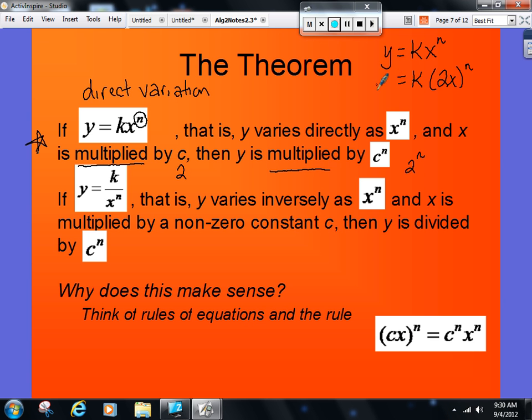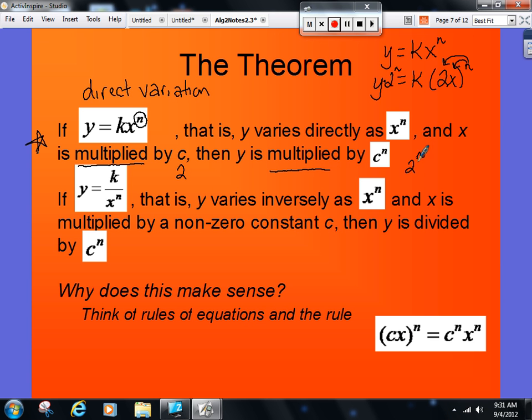This is no longer equal if I put a y there, because this is when it was equal. What did I do? I multiplied this side by something. I did not multiply it just by 2 though. I multiplied it by 2 to the n. So in order to keep these two equations equal, I have to multiply this by 2 to the n to keep them equal. That's all the theorem is saying.